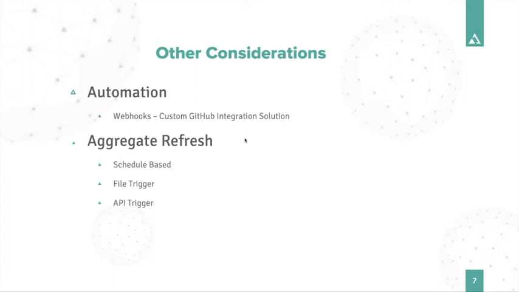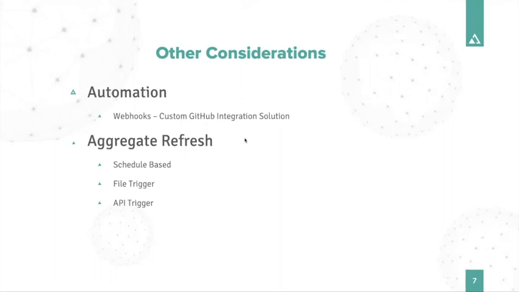One is schedule based. Obviously you can trigger the aggregates to refresh based on a schedule. There is a file trigger and there is an API trigger. The file trigger, as the name suggests, works if you have a Hadoop environment and you have files landing in your environment: you can trigger the AtScale aggregate refresh based on when a file lands in a certain directory.